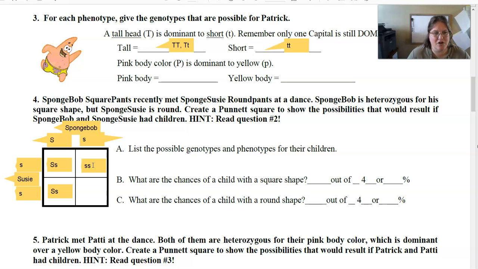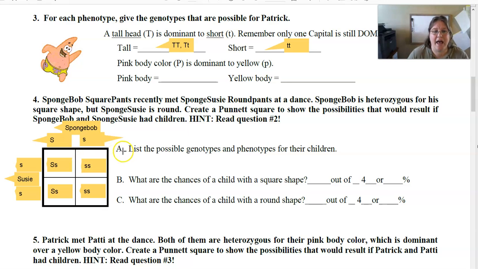That doesn't mean these are always going to be that way, but this is our prediction. Go down here, so you're going to take your one little s from dad and one little s from mom. All right, so now you've got the Punnett square worked out.